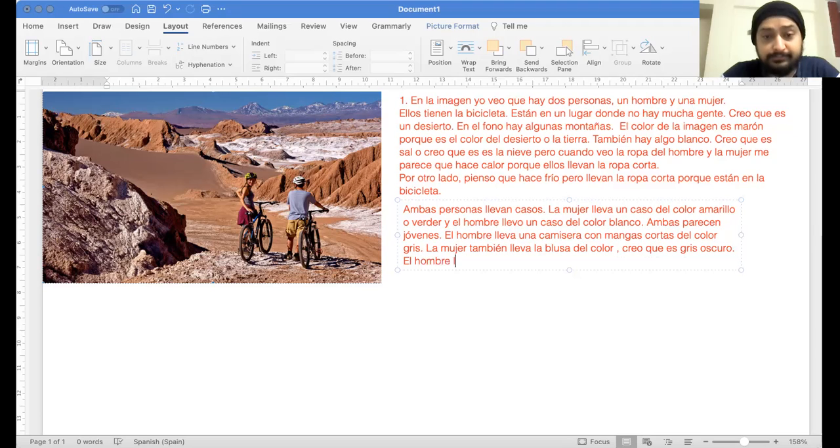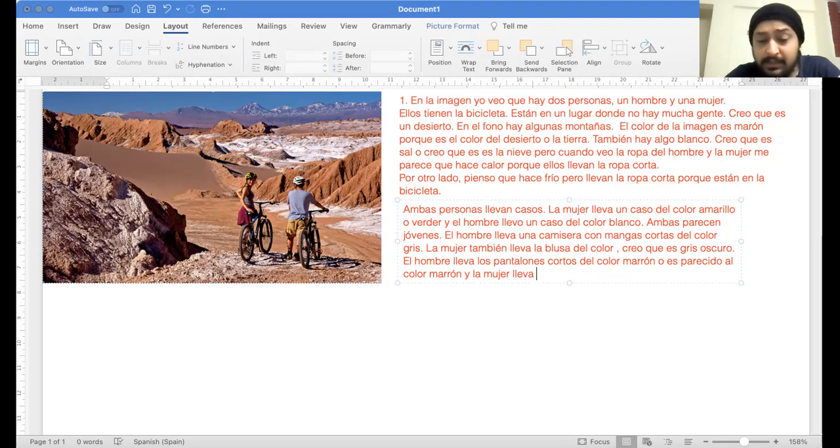El hombre lleva los pantalones cortos del color marrón o es parecido al color marrón, similar to brown color. Y la mujer lleva something purple color.